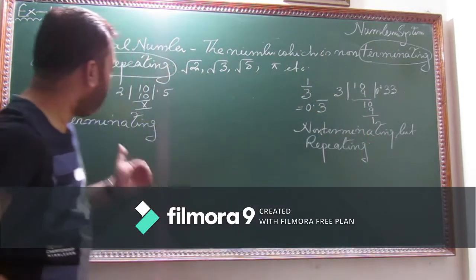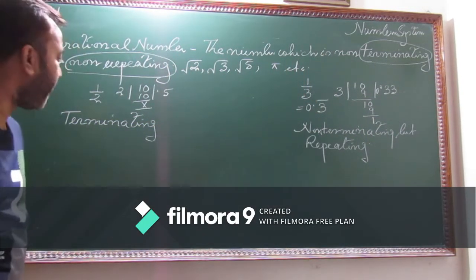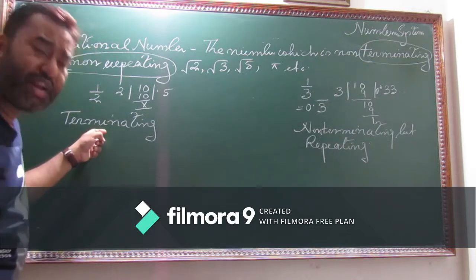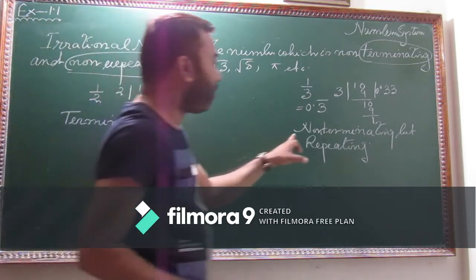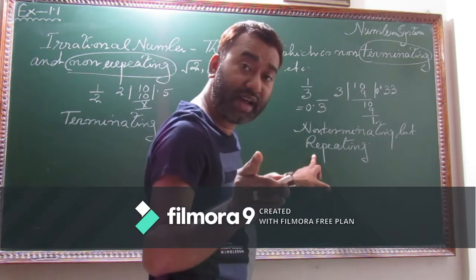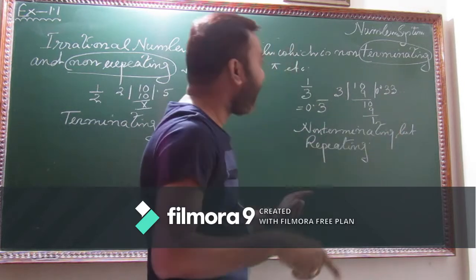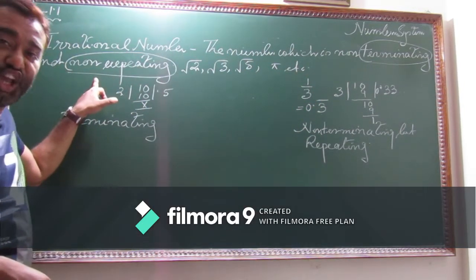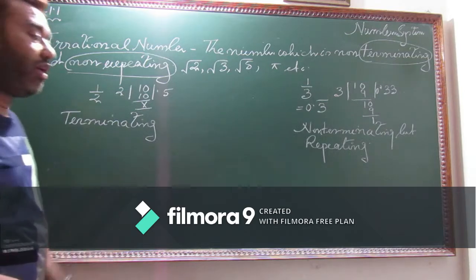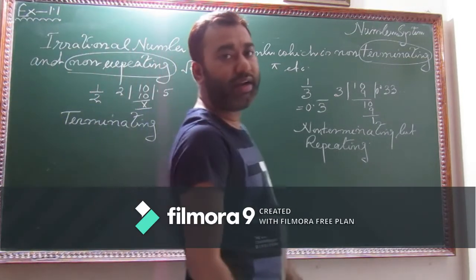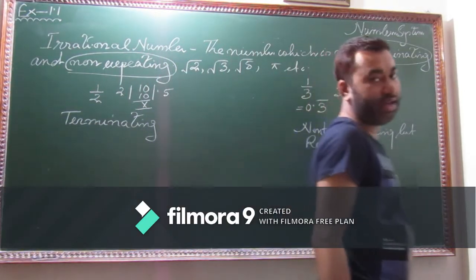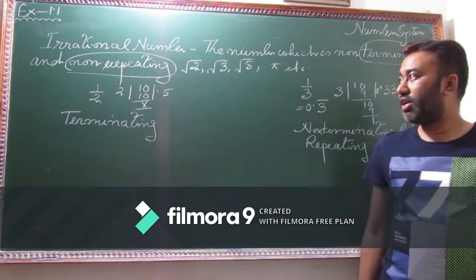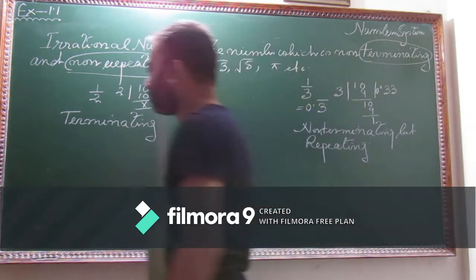So from here we can conclude that all the terminating numbers and all the non-terminating repeating numbers are rational numbers, and non-terminating non-repeating numbers are irrational numbers. So we got the alternate definition of the rational number. So what is the alternate definition of rational number?